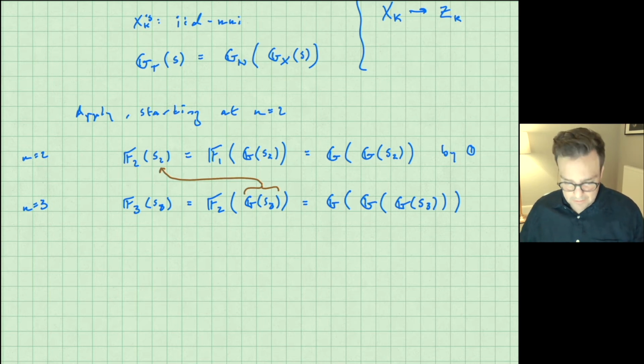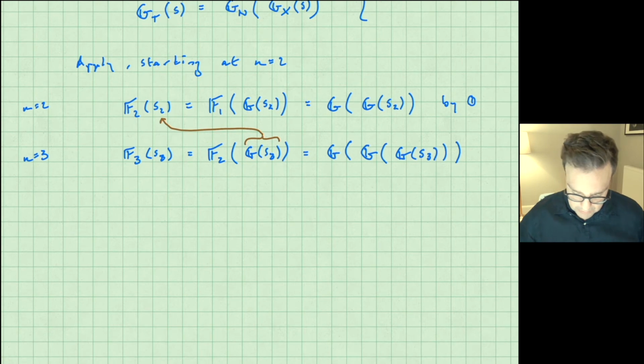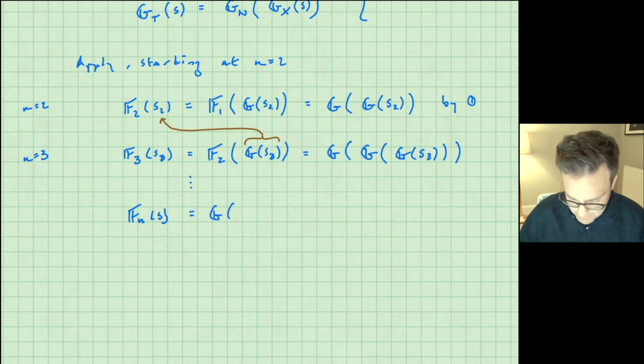Okay. And then we just repeat this process, so over and over and over again. And what you get in the end is f sub n of s is equal to the thing that we were after. So you just build this up from the bottom. I think you can also do it by induction if you wanted.